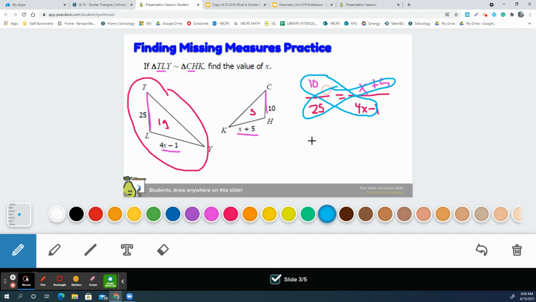It doesn't. So 10 times 4x minus 1 equals 25 times x plus 5. And what do I get when I do this math?